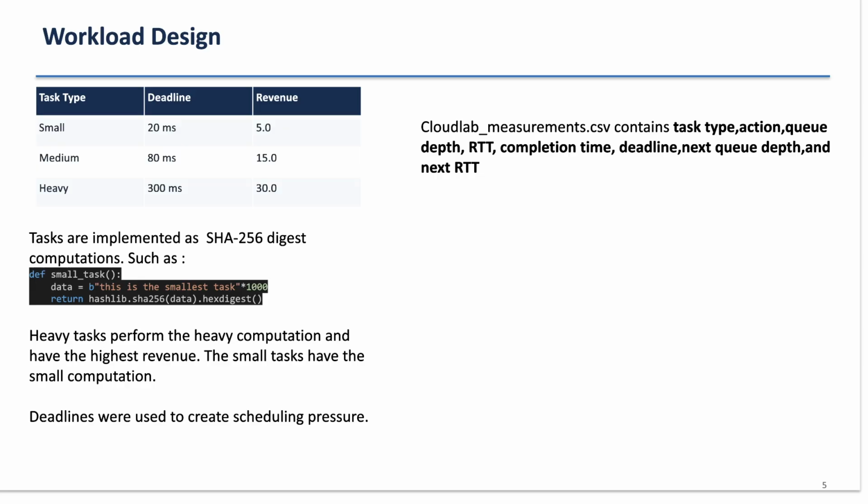We run the task runner separately on each node and get CSV format data that contains the task type, action, queue depth, RTT, completion time, done flag, next queue depth, and the next RTT. The done flags were used to create scheduling pressure.